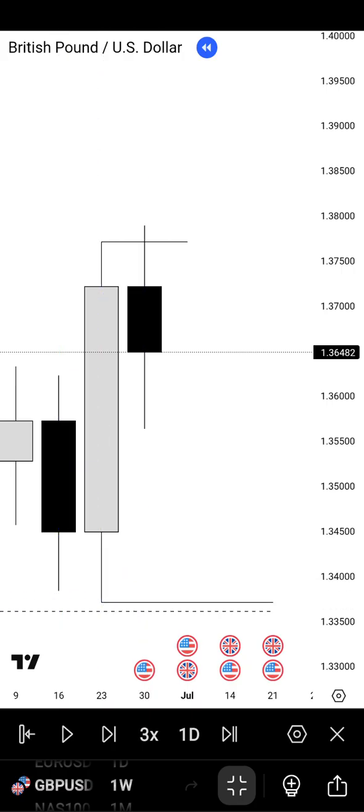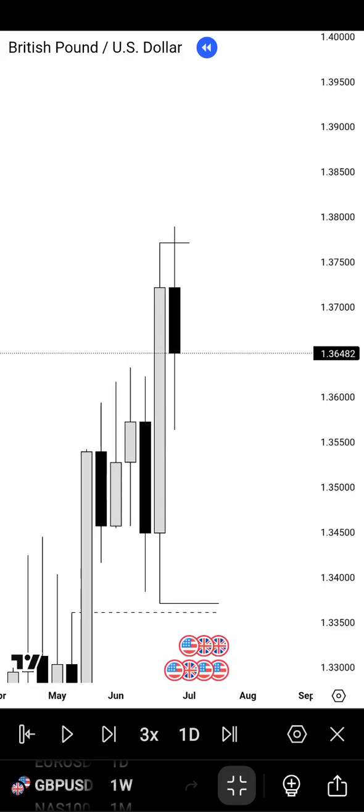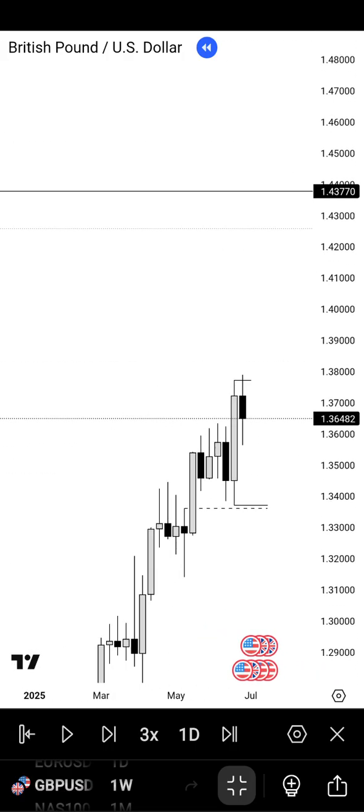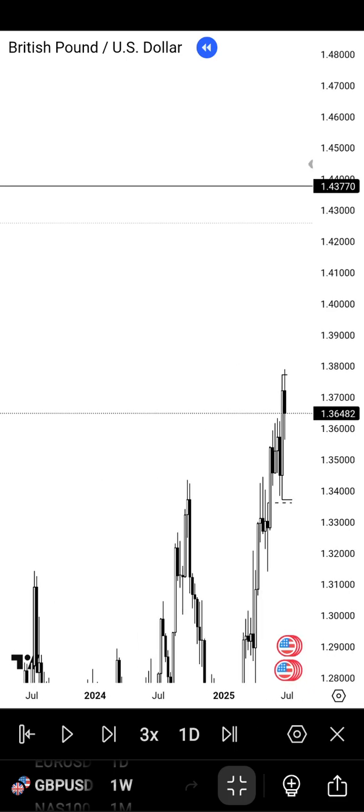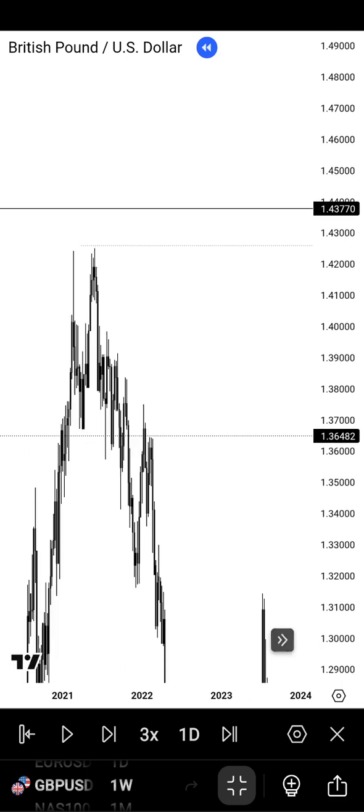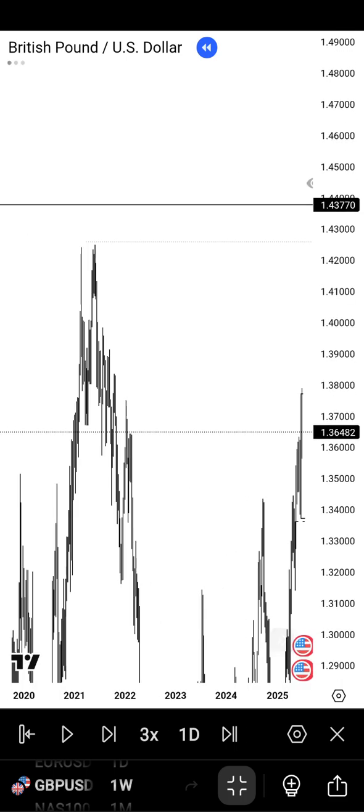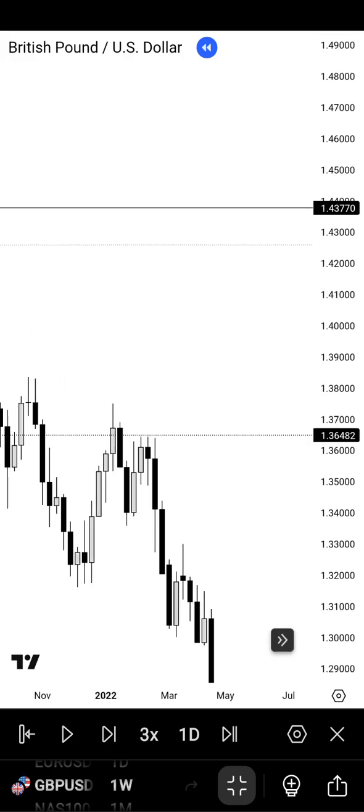Then the other thing is a key level. A key level has to give you a reaction, has to be the point on the chart where you're having a reaction. So look at this. We just took out this high. Okay.